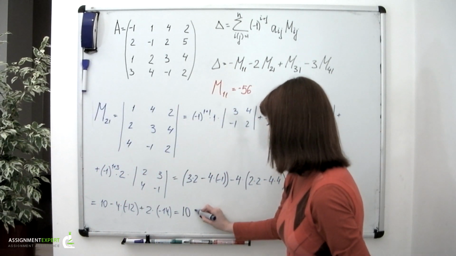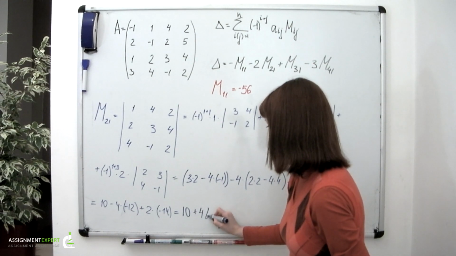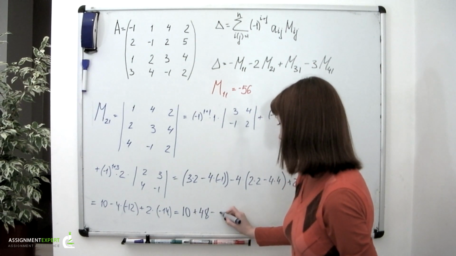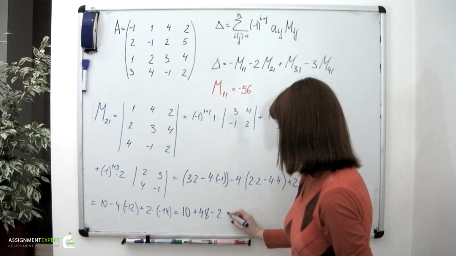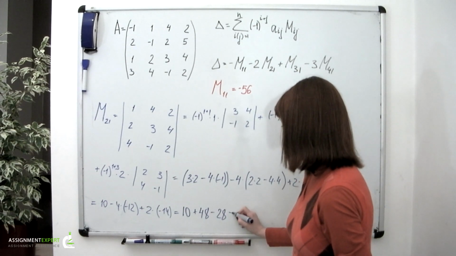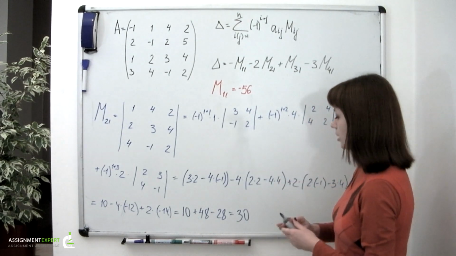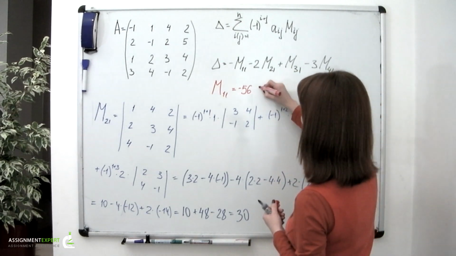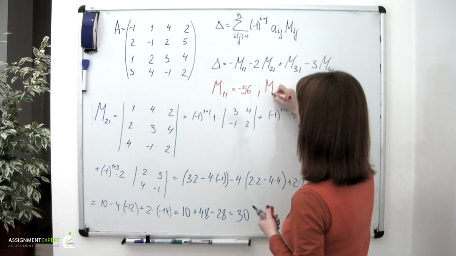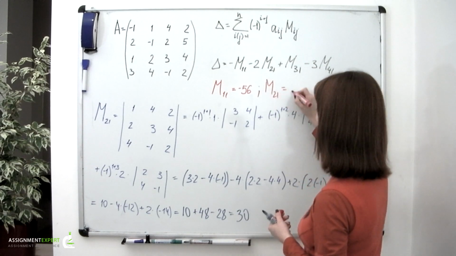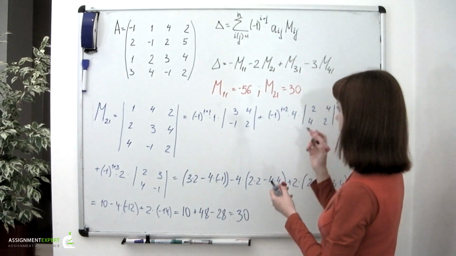Then plus 48 and minus 28. And that is equal to 30. Our second minor, m sub 2, 1 is equal to 30.